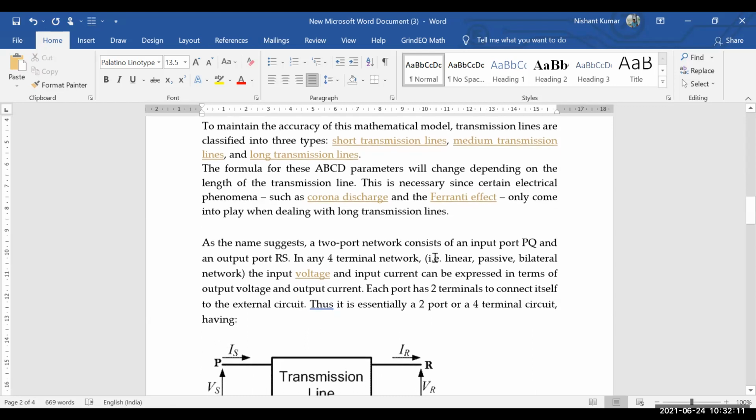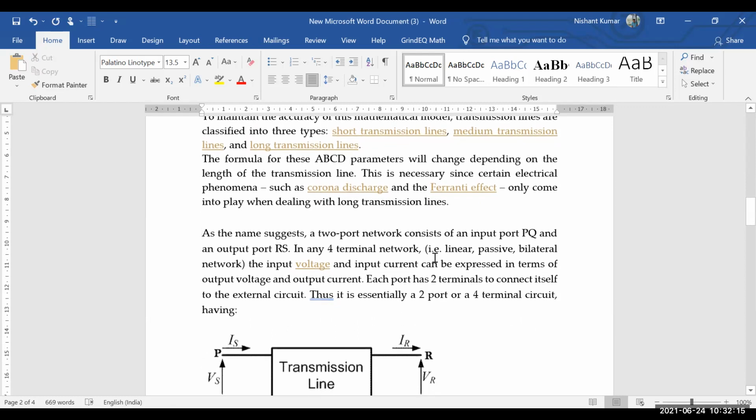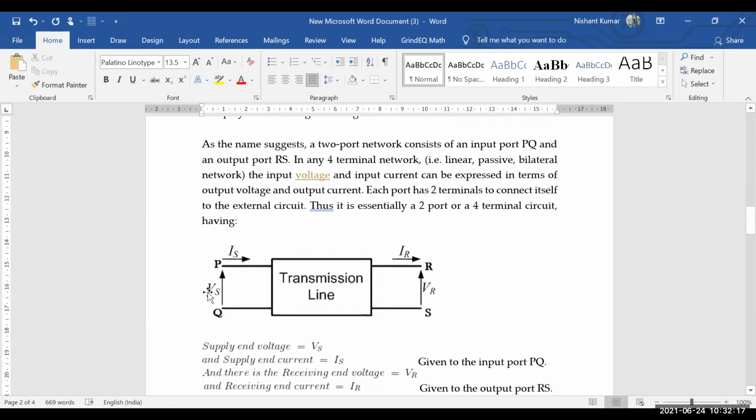Now, as the name suggests, a two-port network consists of an input port, that is PQ, and an output port, RS.